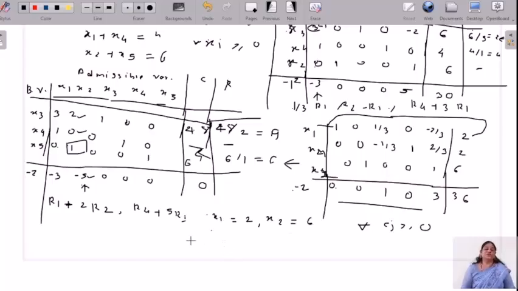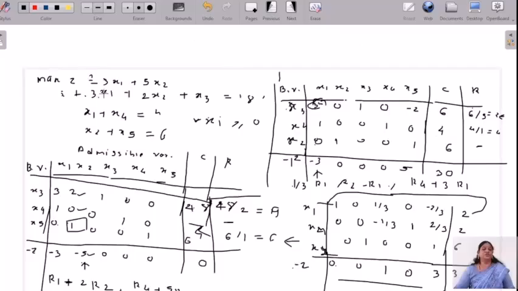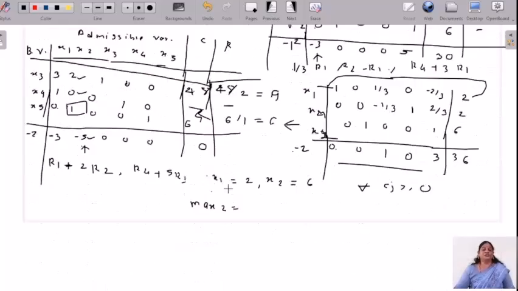Your objective function is maximize z equal to... what is your objective function? 3x1 plus 5x2. 3 into x1 means 3 into 2, plus 5x2, 5 into 6 means 30, which gives 36.